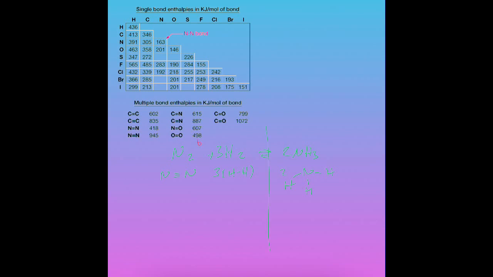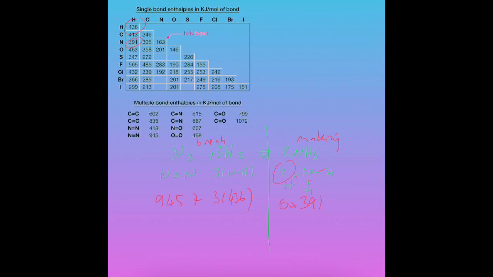Well, this is what I'm breaking, and this is what I am making. So I'm breaking a 945 plus 3 lots of HH, which is here, 3 times 436. And then we've got 1, 2, 3 NH bonds, but there are 2 lots of them, so we want 6 NH. So NH is 391, so that's 6 times 391.